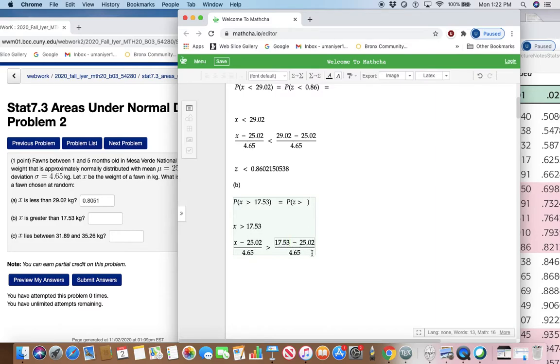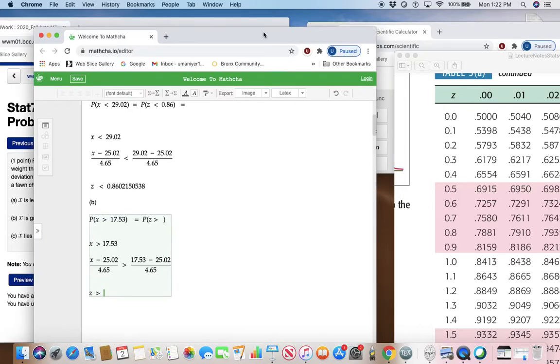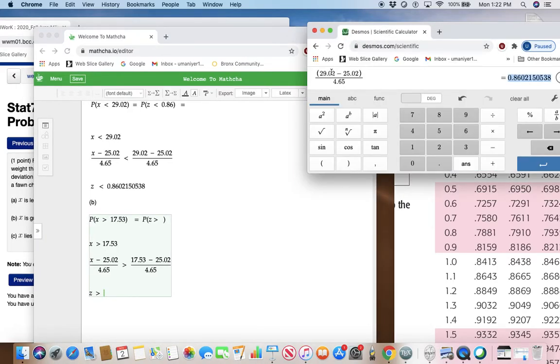This gives me z greater than, let's figure out what this is. 17.53 minus all of this.